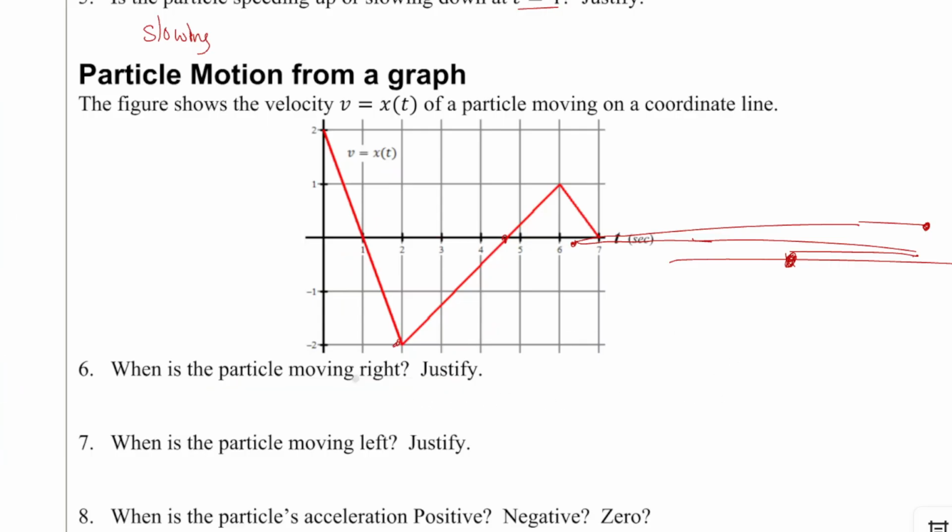All right. When is the particle moving right? From 0 to 1, not a bracket, it's always open, and 4.5 to 7, not bracket.